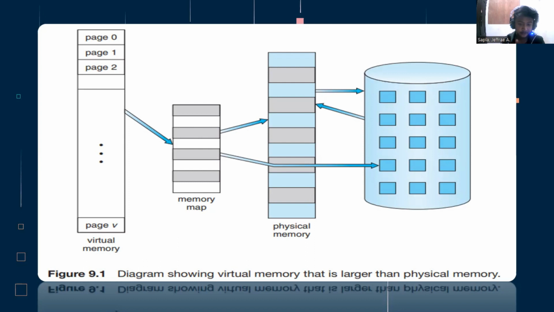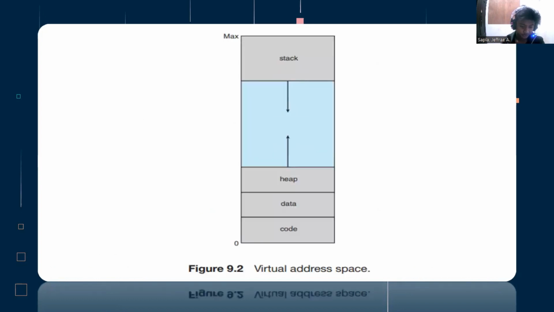The virtual address space of a process refers to the logical or virtual view of how a process is stored in memory. Typically, this view is that a process begins at a certain logical address, say address 0, and exists in contiguous memory, as shown in figure 9.2.